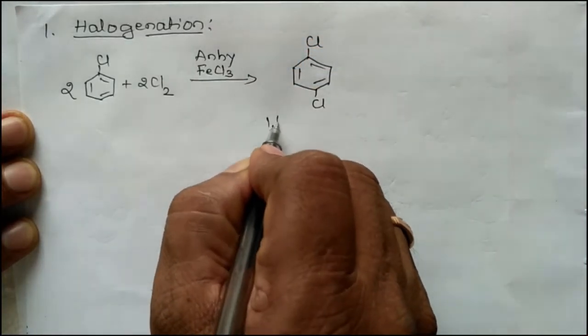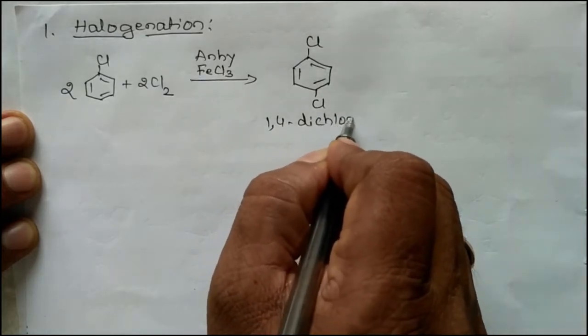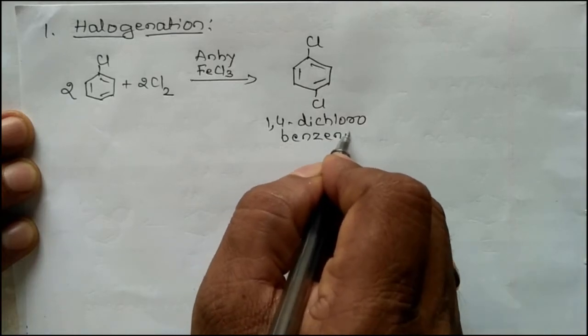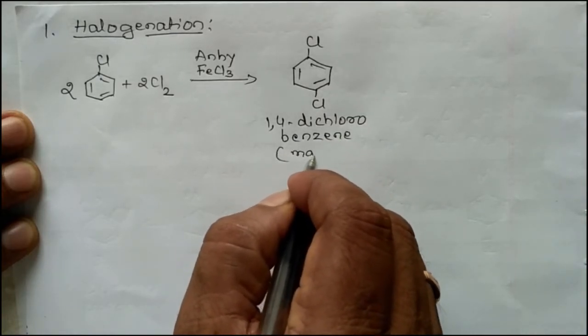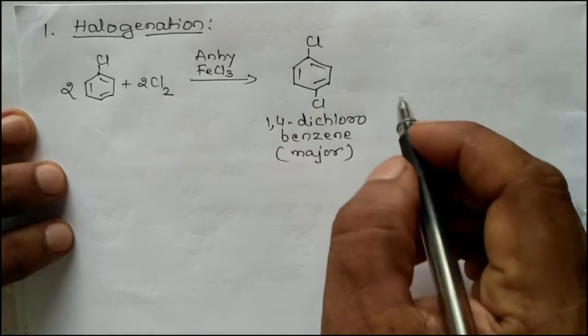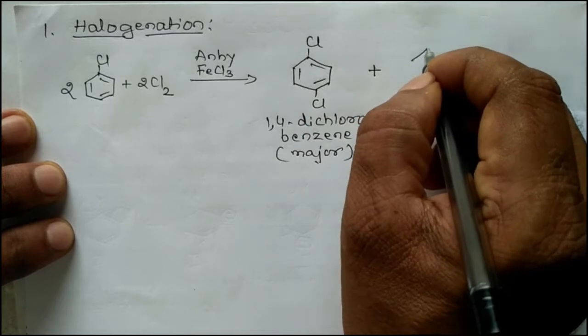1,4-dichlorobenzene, the IUPAC name. This is the major product, also known as para-dichlorobenzene.